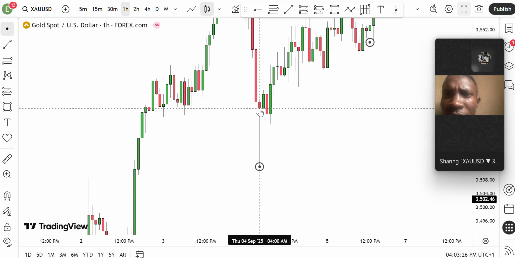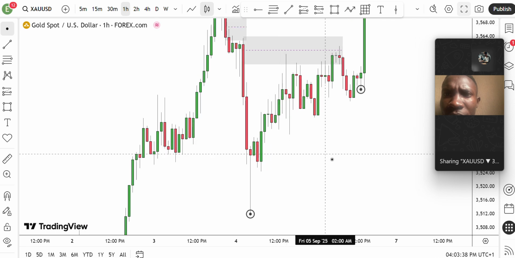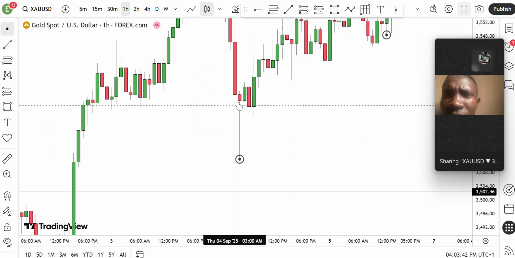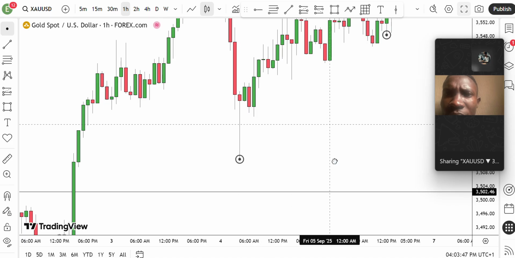This kind of rejection is telling us that buyers are heavily involved in the market. The fact that they were able to continue despite overcoming these people tells us that buyers are ready. Because a wick like this cannot be created if there is no heavy buy volume.